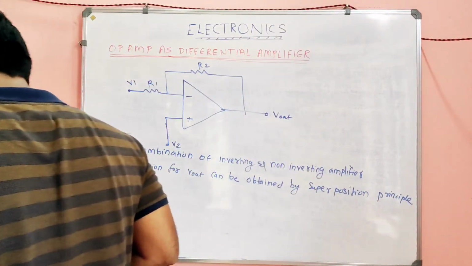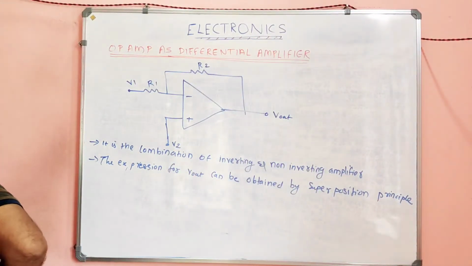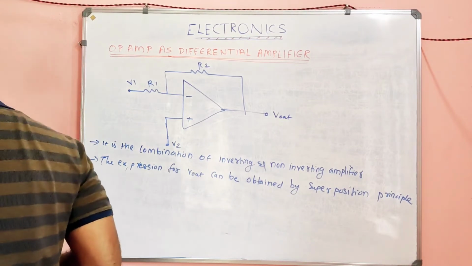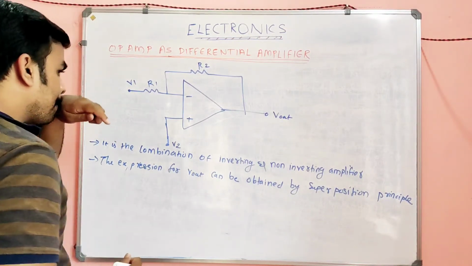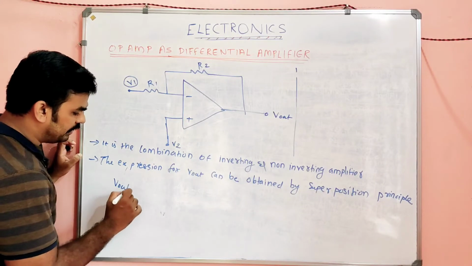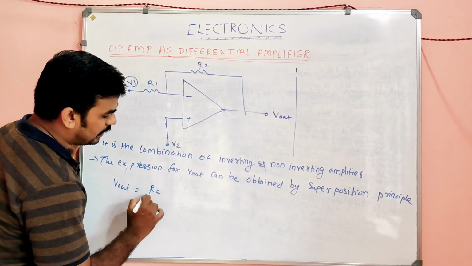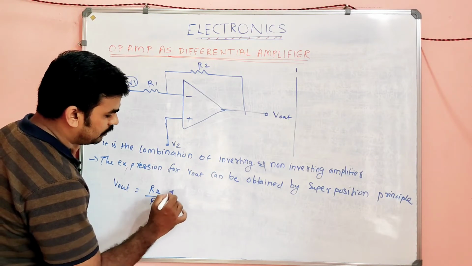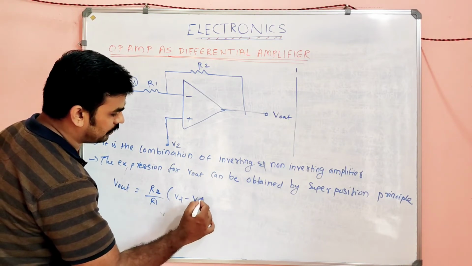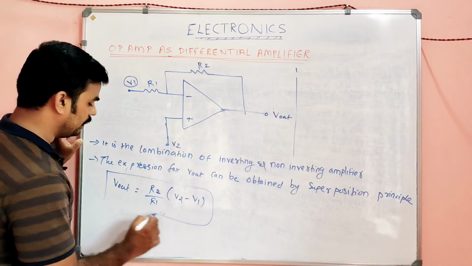The output equation can be obtained by what, my dear? Superposition principle. Okay, and the equation will be nothing but, we don't want the derivation and all, the V out equation will be nothing but, my dear, R2 by R1 into V2 minus V1. Only this expression you can remember.